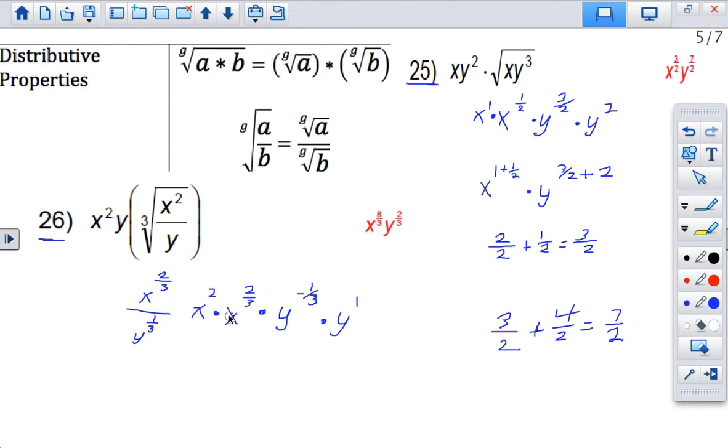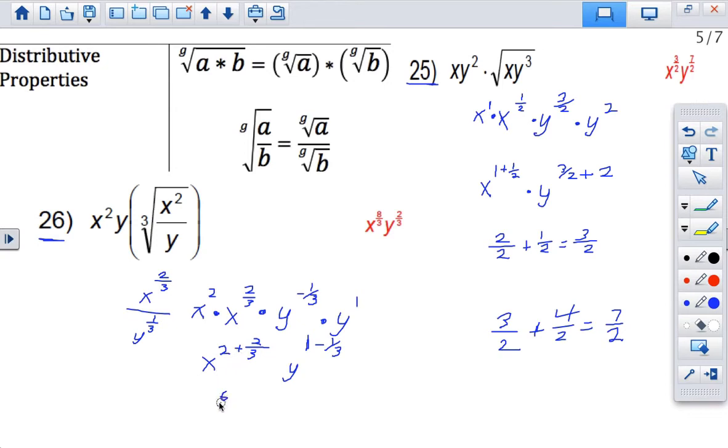Okay, because you're multiplying these two together, you're going to add your exponents. So it would be x to the 2 plus 2/3, and then this will be y to the 1 minus 1/3. Notice what happened with our negative 1/3 here. Instead of adding these, you're subtracting them. Okay, and then here you get your common denominator.